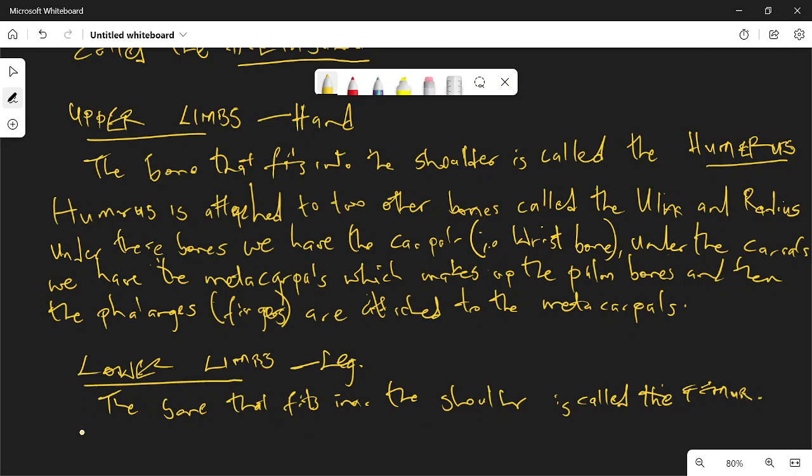Now, the femur has two bones attached to it.